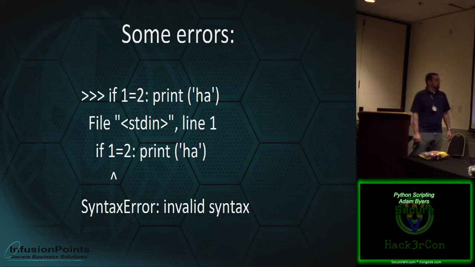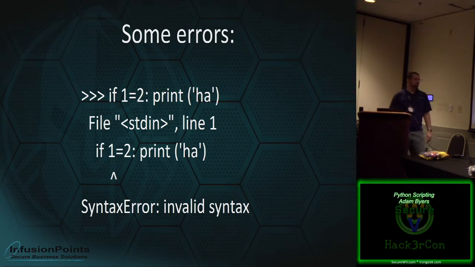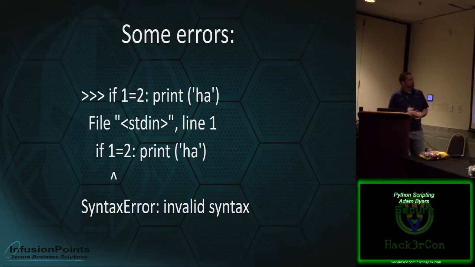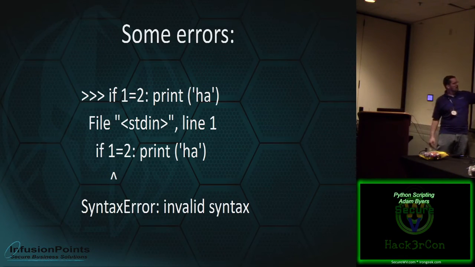All right, so syntax error. You'll see this one quite a bit. This means that you're typing in something that you're using in an invalid way. So here I am using 1 equal sign, which actually defines 1 equals 2.